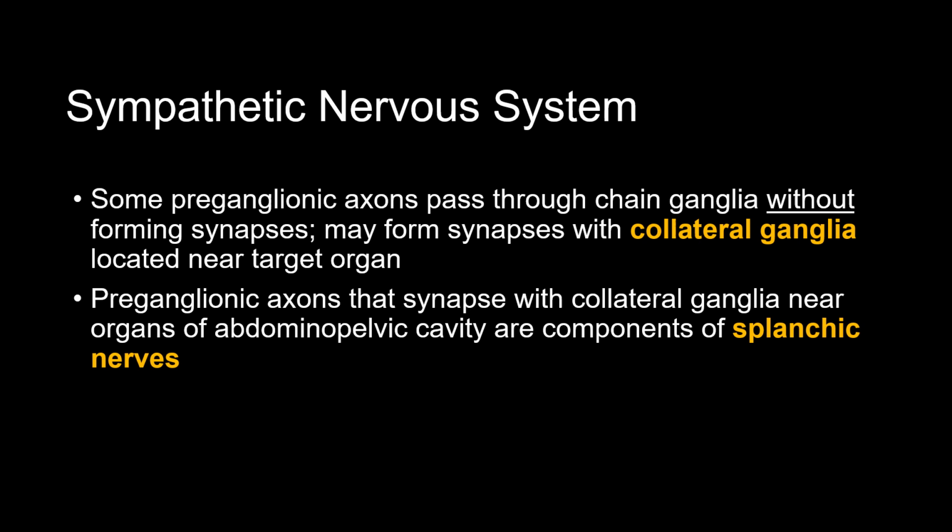Other collateral ganglia are located near the organs of the abdominopelvic cavity, and the preganglionic axons synapsing here are part of nerves called the splanchnic nerves. These synapse on ganglia including the celiac ganglion, the superior mesenteric ganglion, and the inferior mesenteric ganglion.